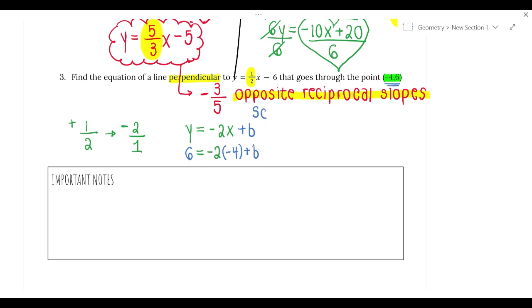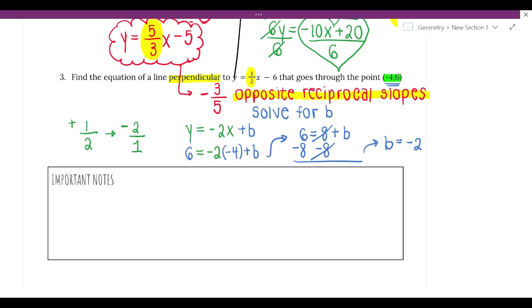And here I'm going to solve for b, which is my y-intercept. Alright, so here we have 6 is equal to negative 2 times negative 4 is 8. So I have 8 plus b on my right side. And in order to get b by itself, I'm going to need to subtract 8 on both sides. So I get here that b is equal to negative 2.